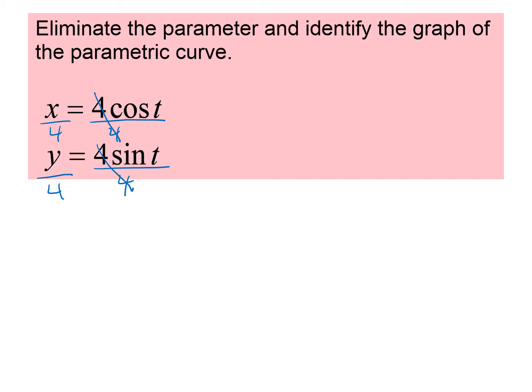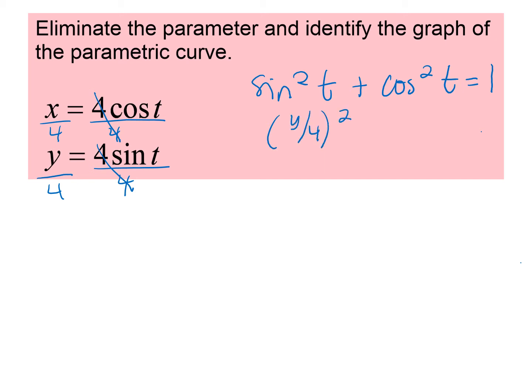And so you may remember, hopefully you remember, that sine squared, and I'll use t's this time, sine squared plus cosine squared is equal to 1. And remember when we say sine squared, sine of t in this case is y over 4, so then I would square that. Cosine of t would be x over 4.